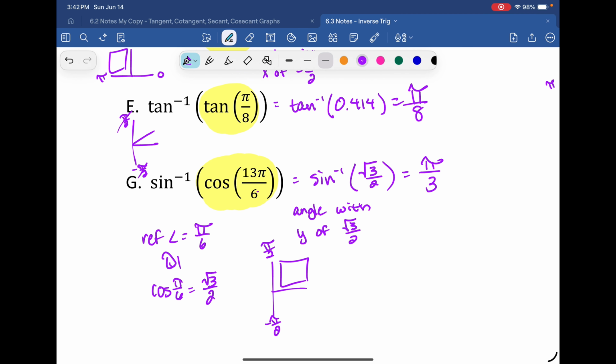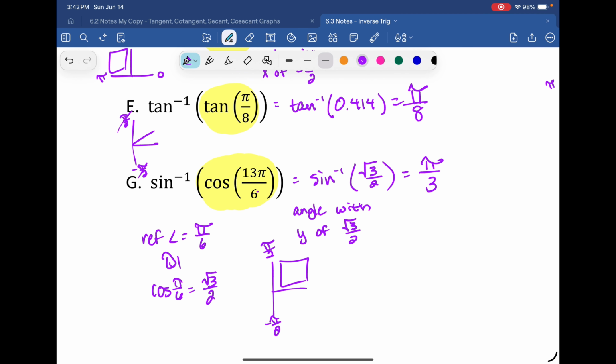All right, inverse cosine of sine of negative 11 pi over 4. So I'm going to do sine of negative 11 pi over 4. Reference angle pi over 4, and I know that because I've got the pi over 4. Now I've got to think about where this is rotating and what quadrant that puts me in. Double the 4 is 8, so one full rotation around is negative 8 pi over 4.